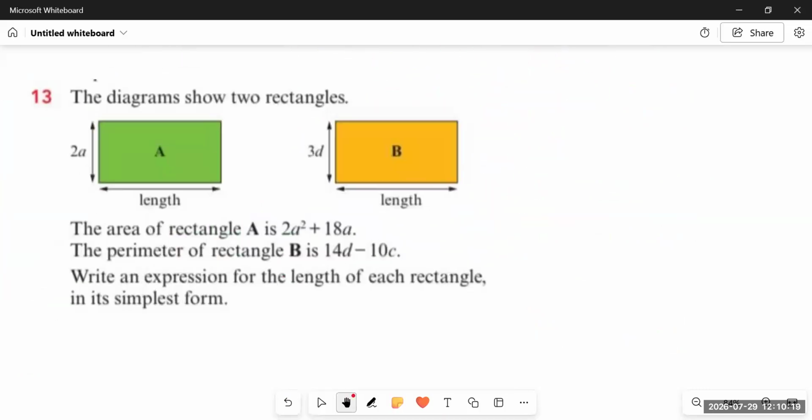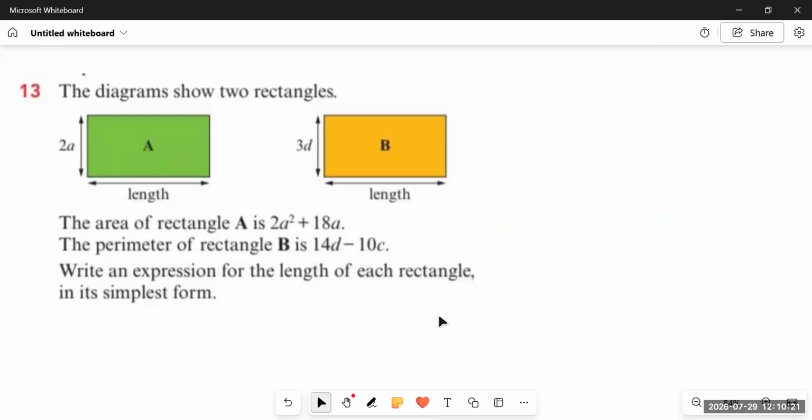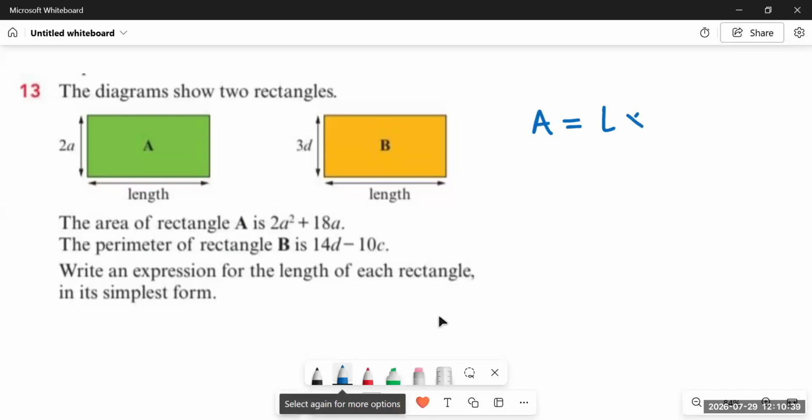Now the last question of this exercise says, the diagram shows two rectangles. The area of the rectangle is given. The perimeter of the rectangle is also given. You have to write an expression for the length of each rectangle. So students, if the area of rectangle A is given, we know that area is equal to length multiplied by breadth.